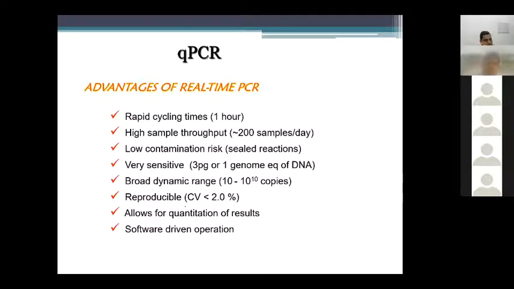It is very sensitive, it can detect down to the 3 picogram level, and it has a broad dynamic range, 10 to 10 to the power 10 copies. Its reproducibility is very high, with cycle variation of less than 2%. It allows quantification of the result, and it is software-driven, so it is easy to calculate your data and other things.